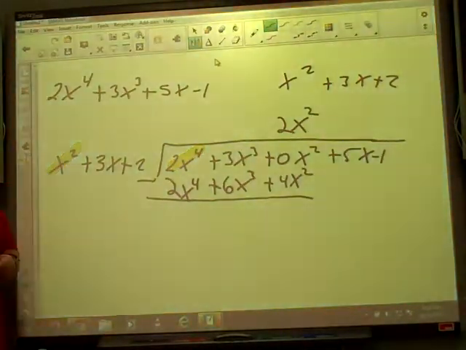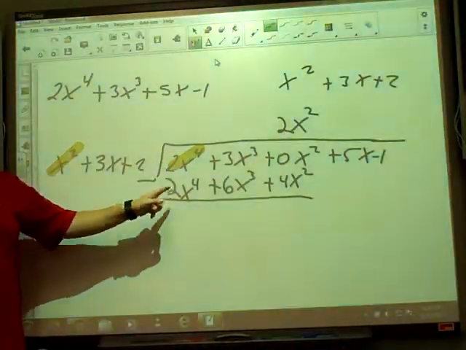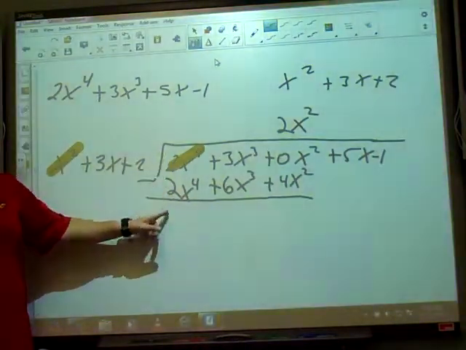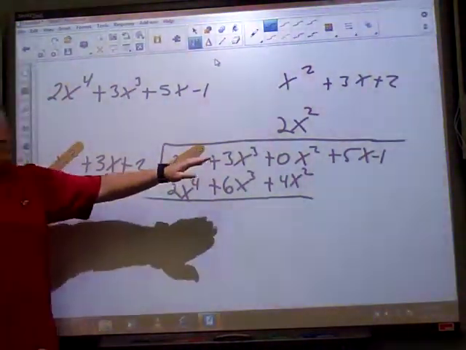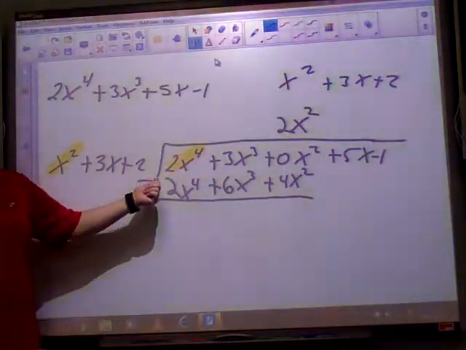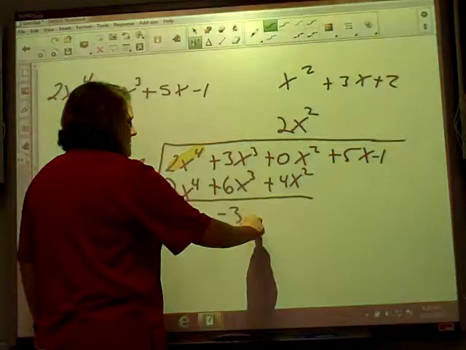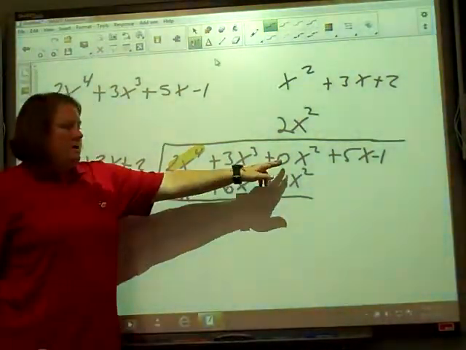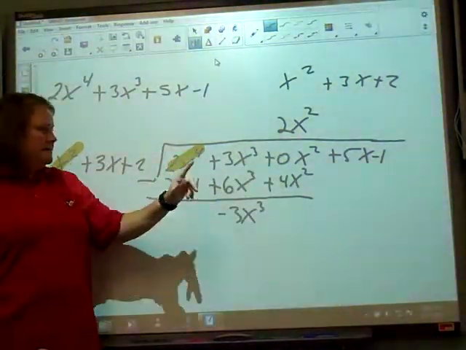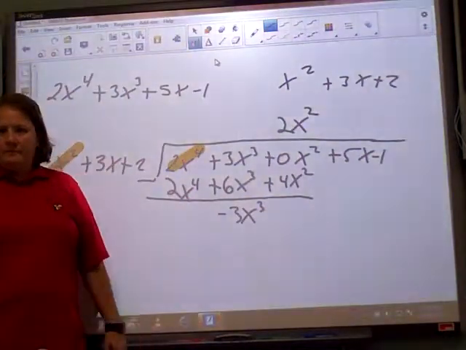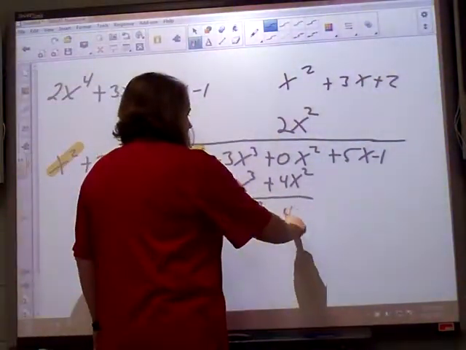The whole point of what we did here was this one's going to go away. 2x to the fourth minus 2x to the fourth is nothing. 3x cubed minus 6x cubed is negative 3x cubed. 0x squared minus 4x squared is negative 4x squared.